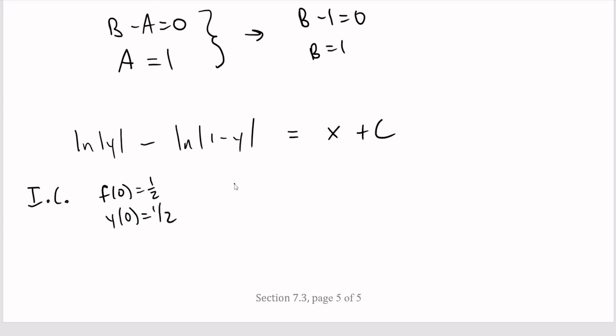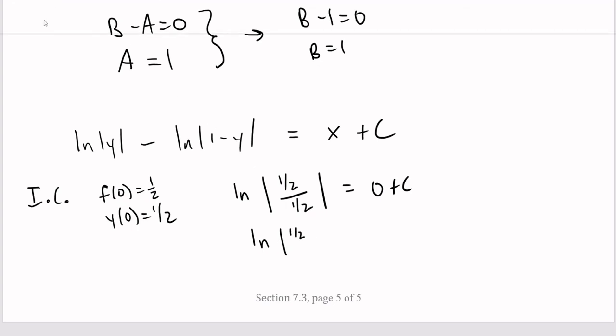So it's going to be log, and then we can simplify this actually. This is 1/2 over 1/2 equals 0 plus c. Natural log of 1/2 over 1/2 is just 1. So you're thinking, oh, this is simplifying nicely. Equals c, c equals 0.